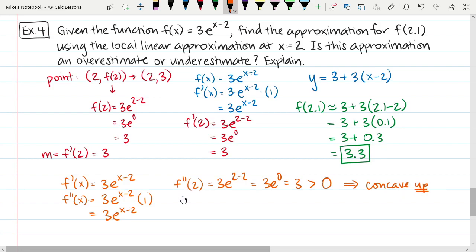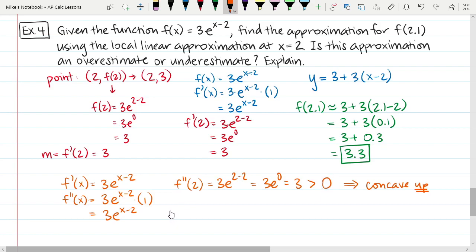Okay, so again, I evaluated the second derivative at my a value. And I saw that the second derivative was positive, and that means that our graph must be concave up. And because the function is concave up, that means we know that our tangent line lies below the curve.